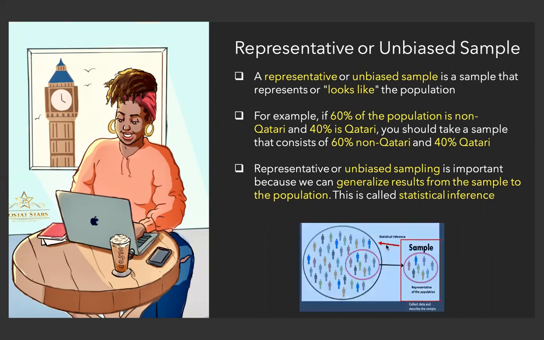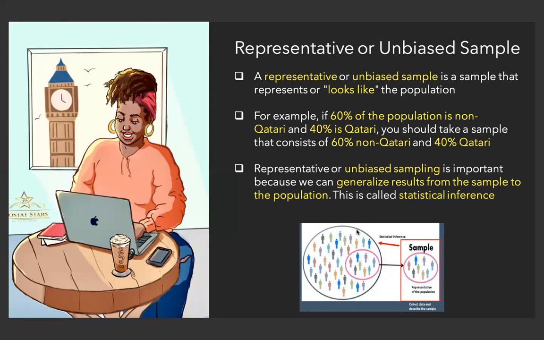This is the reason we needed our sample to be representative. Another word for representative is unbiased. So you want a sample that is representative or unbiased. These are just different terminologies for the same concept. I already gave you a different example, but here is just another example.